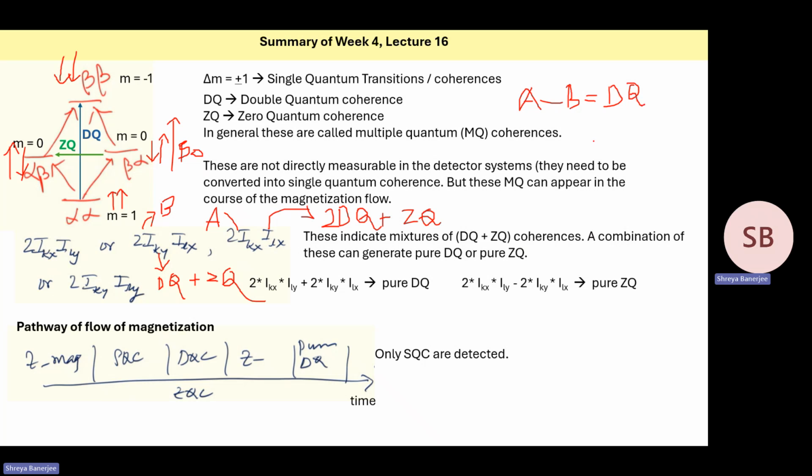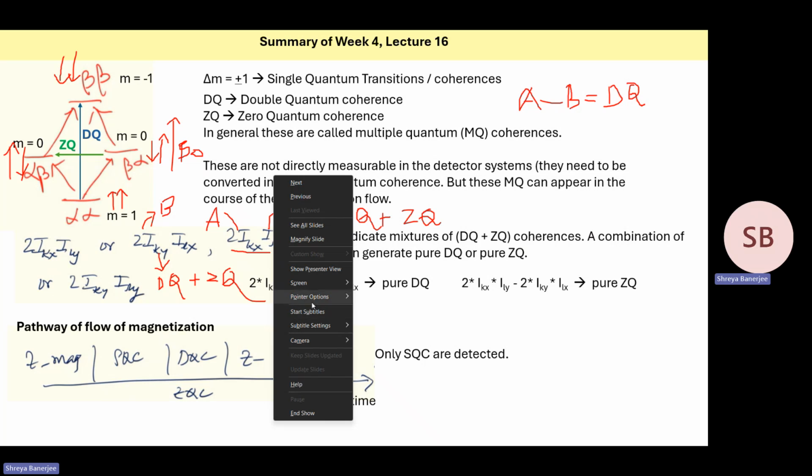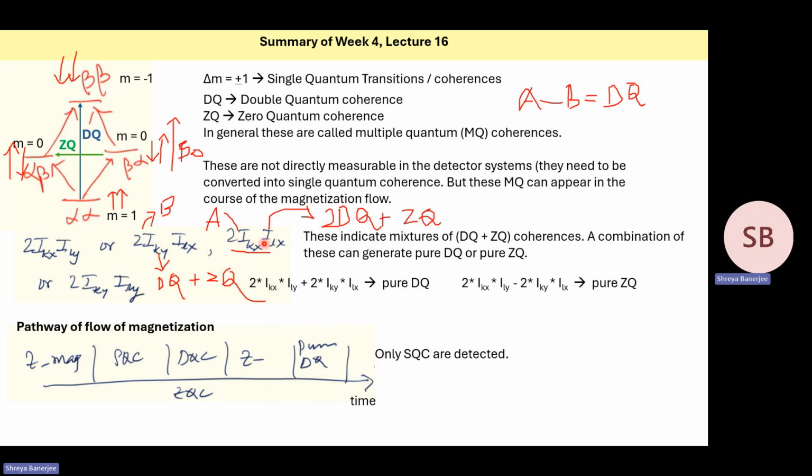So that is what this says: since these double intensity terms are a mixture of DQ and ZQ, a linear combination of these terms, adding and subtracting, will give you pure DQ or pure ZQ. In this case, you can see the formula for pure DQ and pure ZQ is written.